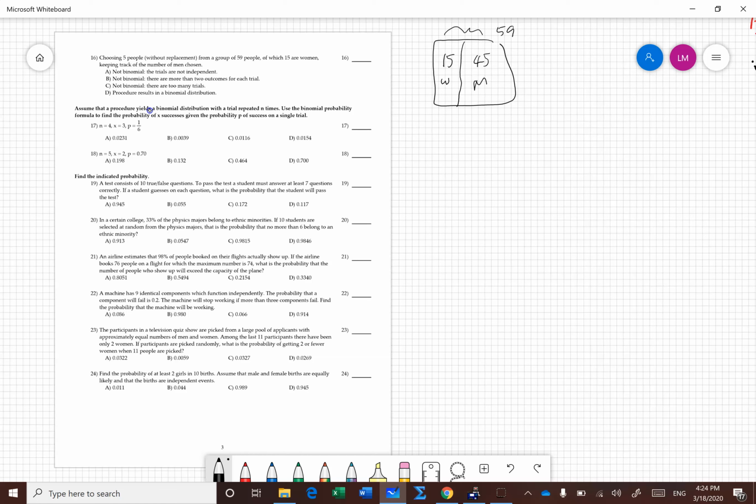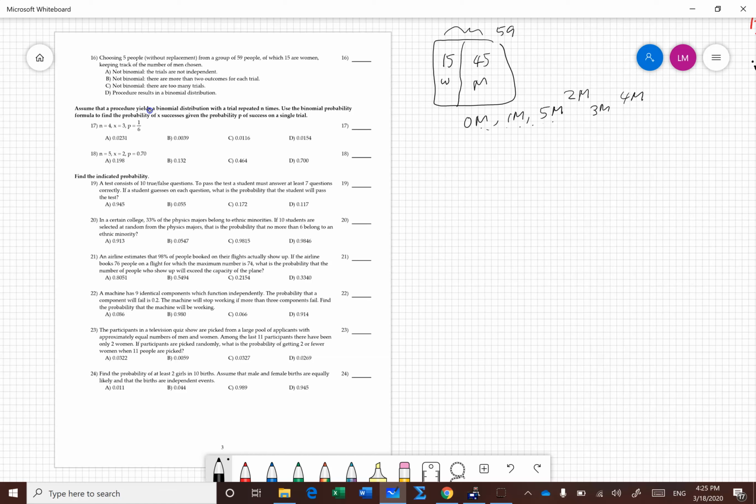Now when you choose 5 people without looking at them, you can have 0 men, you can have 1 man, you can have 5 men, there are all kinds of outcomes. 0, 1, or 2 men, or 3 men, or 4 men. You get 0, 1, 2, 3, 4, 5. You get 6 outcomes.